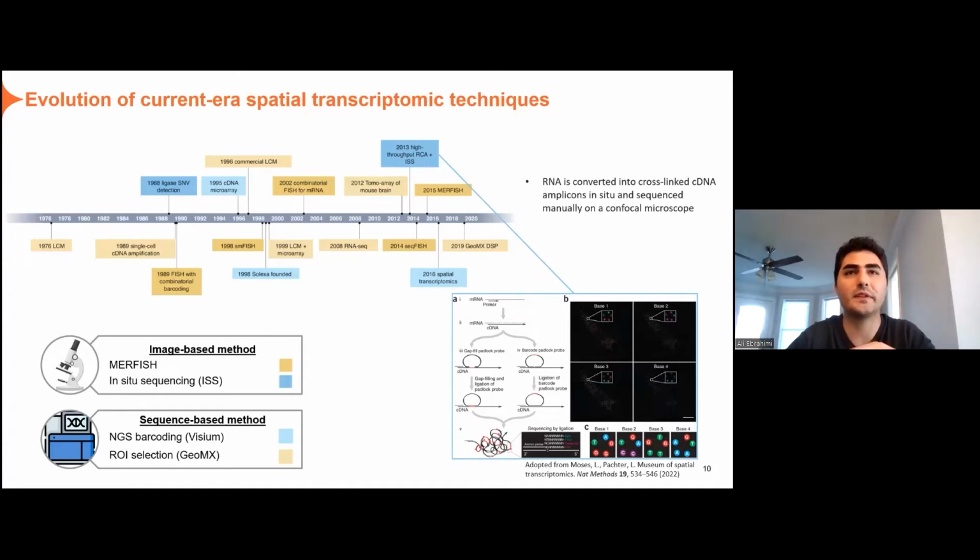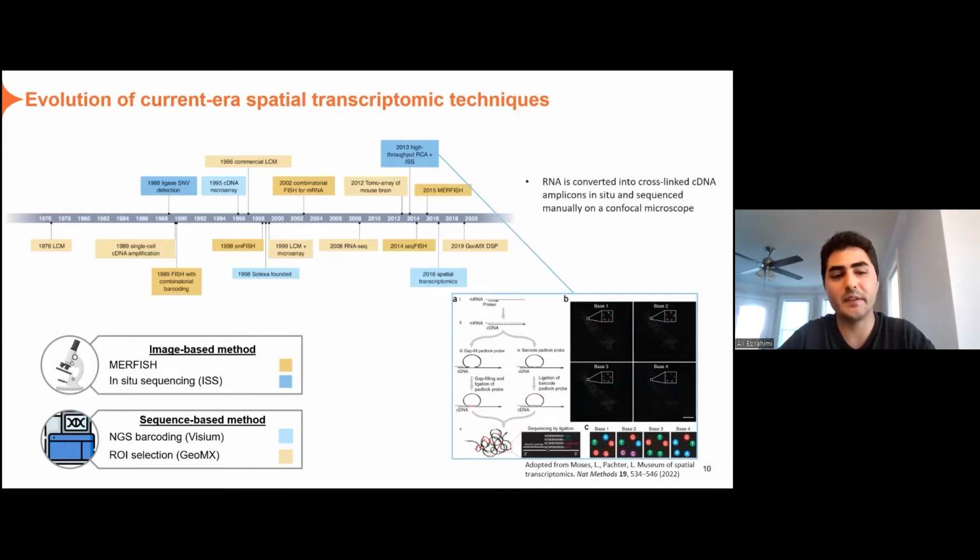The way that it works is it converts RNA into cDNA amplicons, and then uses a confocal microscope to sequence that transcript. So here is just an example. You can see nucleotide-level information being generated using this technique.